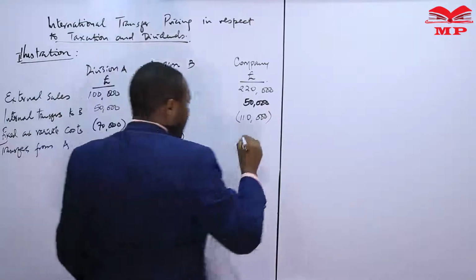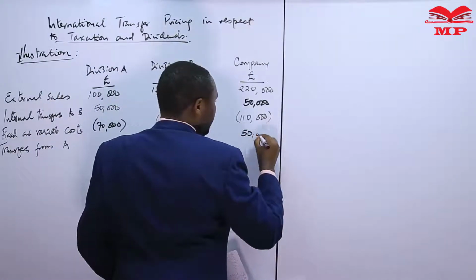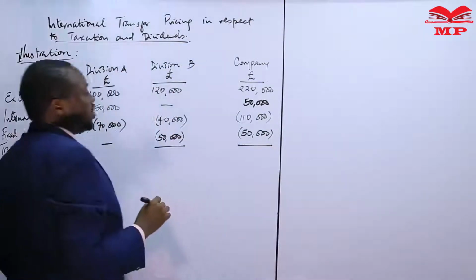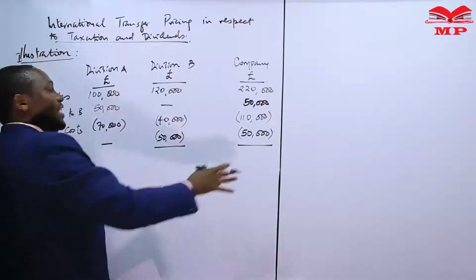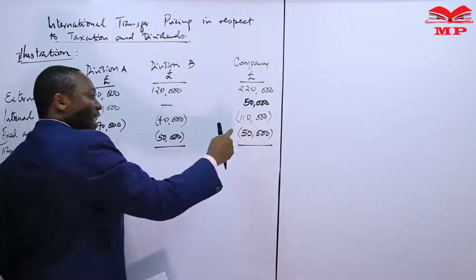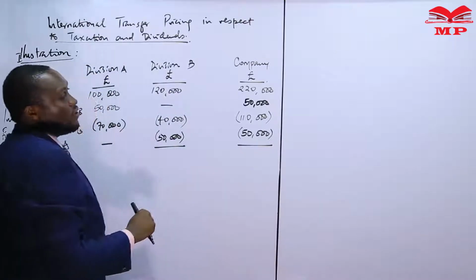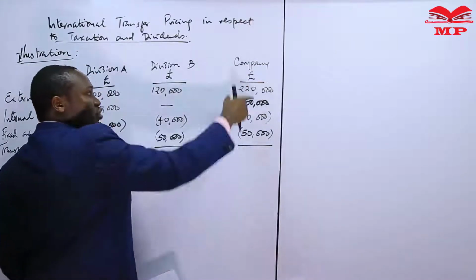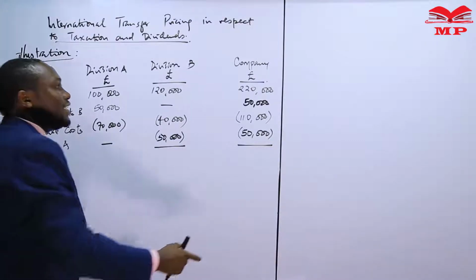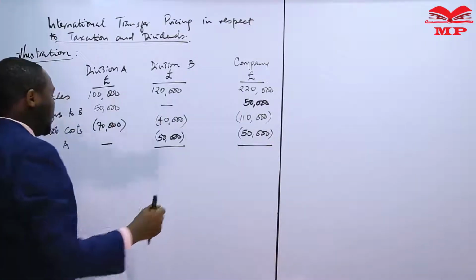So the total to the company is 50 what? Thousand. You will appreciate that in the adjustment of the transfer price, a receipt and an exit of the same value has no what? Impact on the reported position of what? The company in the consolidated financial statements.